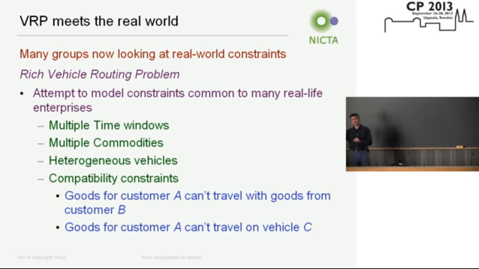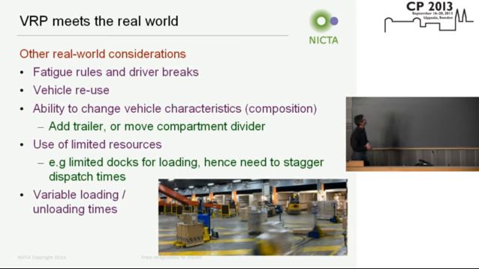He was actually conducting an affair with one of the secretaries, and so this vehicle had to go to that customer for a few weeks, and then after a couple of weeks, this vehicle had to go to a different customer and no longer was allowed to go to the first customer. This vehicle can't go to that customer compatibility. It's more often that this vehicle can't physically drop off the stuff that makes this one a real constraint.